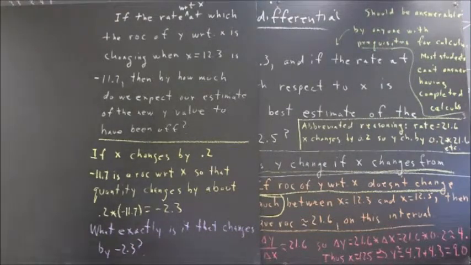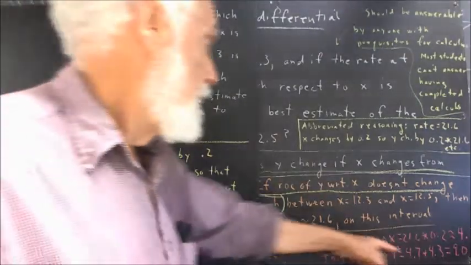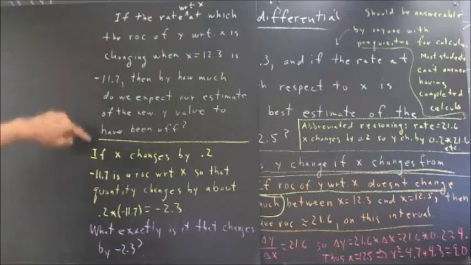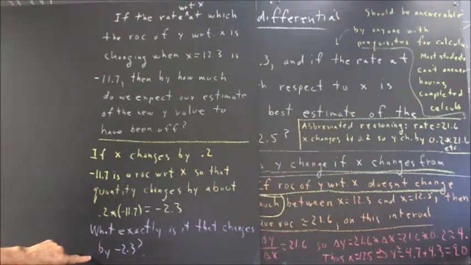You might think, well, it's the value of y, but that's not it. The y value changes by something like 4.3, but we're trying to modify that estimate. So in terms of the statement up here, just what exactly is it that changes by negative 2.3? You should think about that.